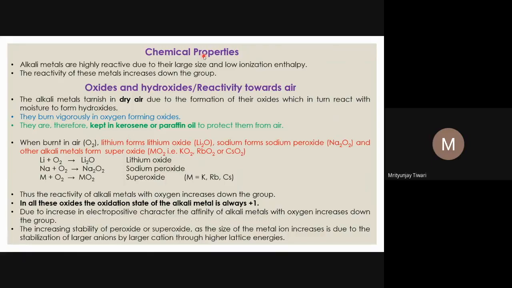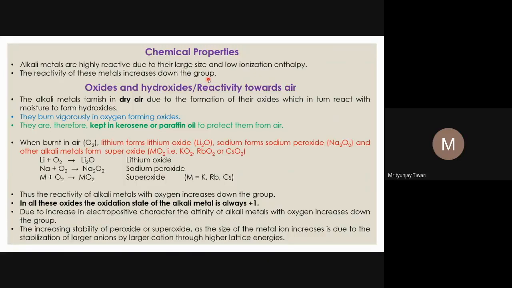Please don't get confused. Alkali metals are highly reactive due to their large size and low ionization enthalpy. They can easily give their electron and react very fast with any other element to form compounds. They form most of the compounds very vigorously, almost explosively.